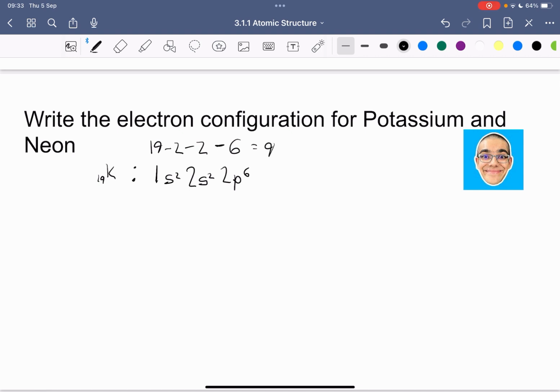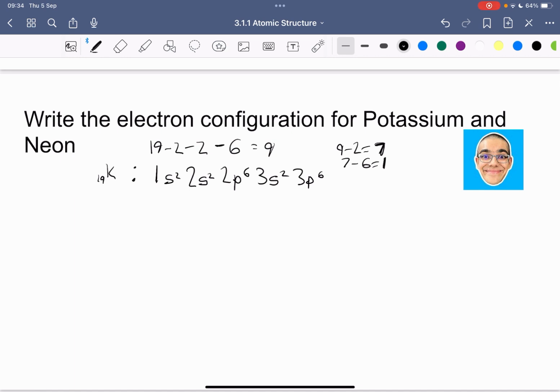Now I've got to be careful. Now I'm going to fill up 3s, which can hold up to 2 electrons, so I'm going to do 9 take away 2 equals 7. So now I've got 7 electrons left. Then I've got another p, so 3p, 6. I'm going to do 7 take away 6, which gets us 1.